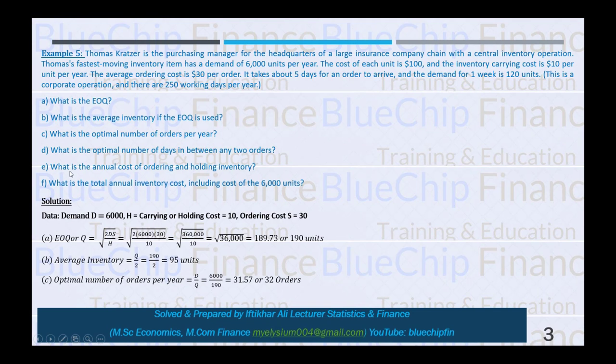E: what is the annual cost of ordering and holding inventory?